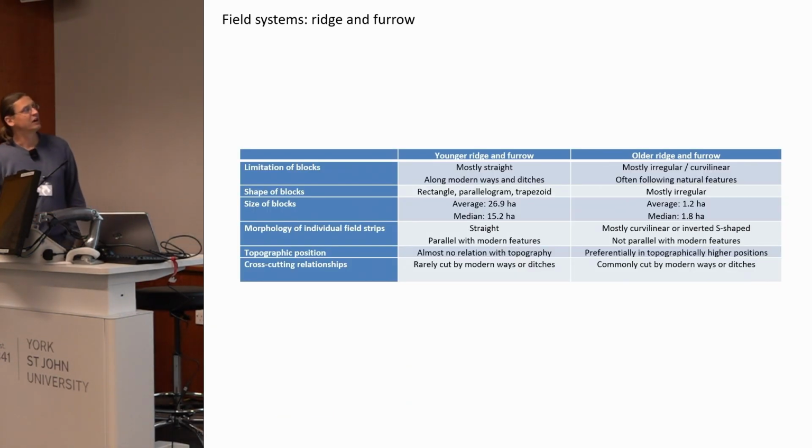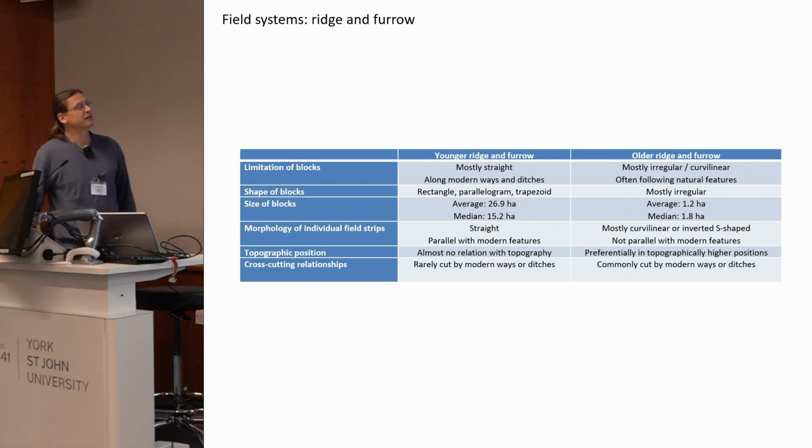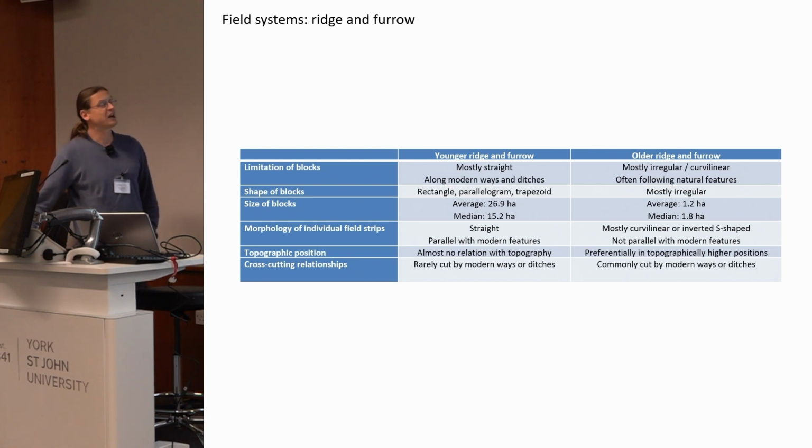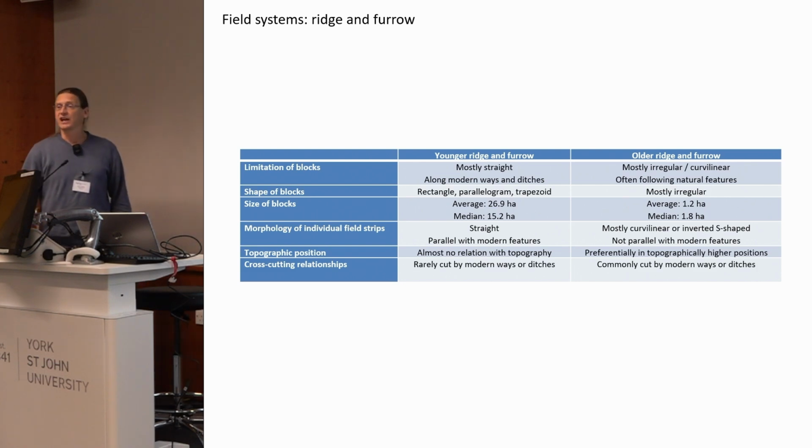So there are quite a few characteristics with which you can divide those younger and older ridge and furrow fields. That's the limitation of the blocks, which is mostly straight and along modern ways and ditches for the younger fields, and quite irregular or curvilinear and following natural features for the older fields.